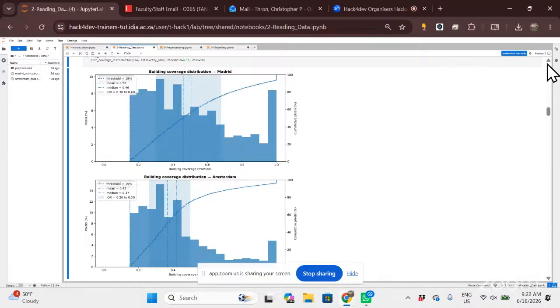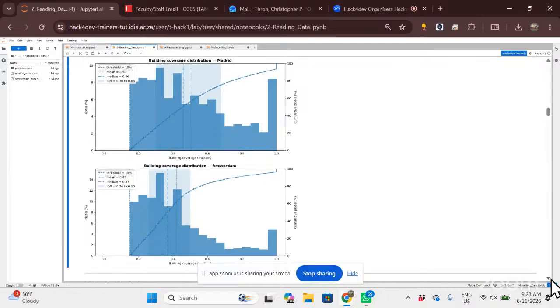Yeah, Madrid is significantly more densely packed, right? By this much. This one, the mean is 42. This one, the mean is 50. So almost 8% more. That's not really relevant for classification, but it does tell you that these different cities have different characteristics. So this also shows us that our data is reasonable. That's not an unreasonable result.